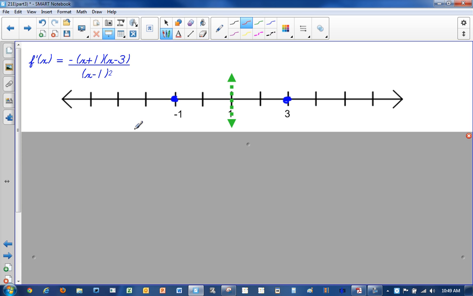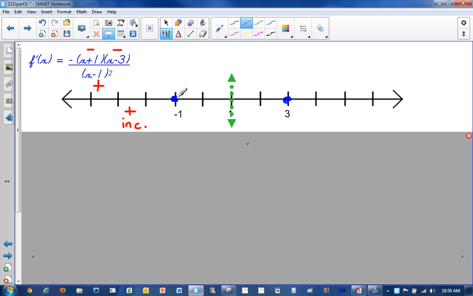Let's try a number that's less than -1, so like -2. -2 plus 1 would be negative. -2 minus 3 would be negative, and the bottom, since it's being squared, will always be positive. So it looks like before I get to x equals -1, I've got a positive first derivative, meaning that the original function is increasing. Let's look at everything between -1 and 1.